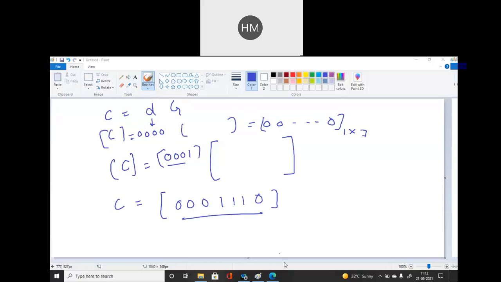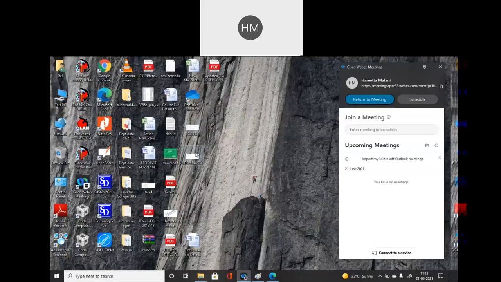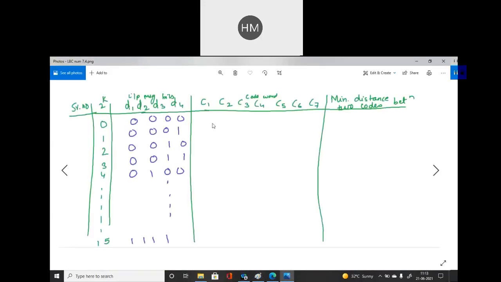Okay, now what we will do? We will fill this in our table. Okay, in our table. So for the first code word, what I got here is 0.